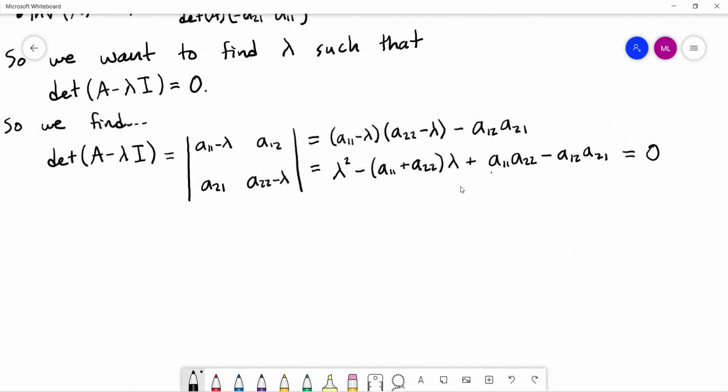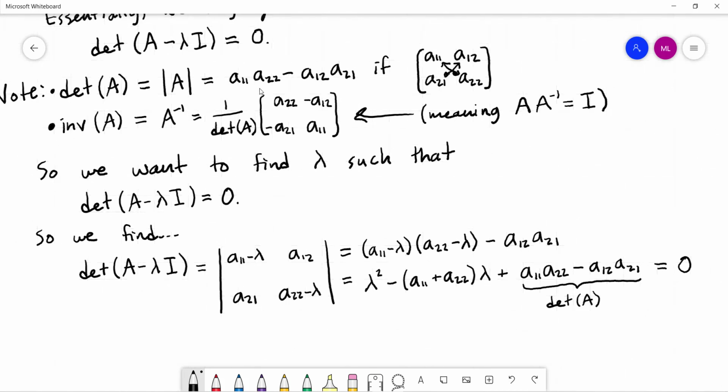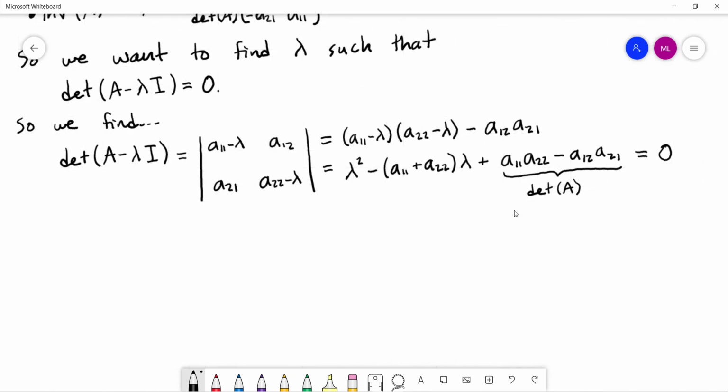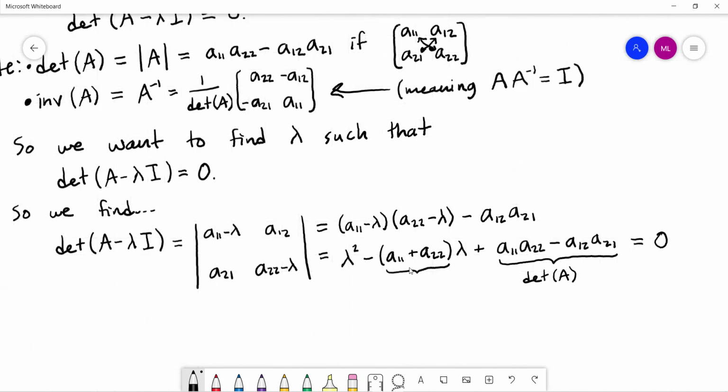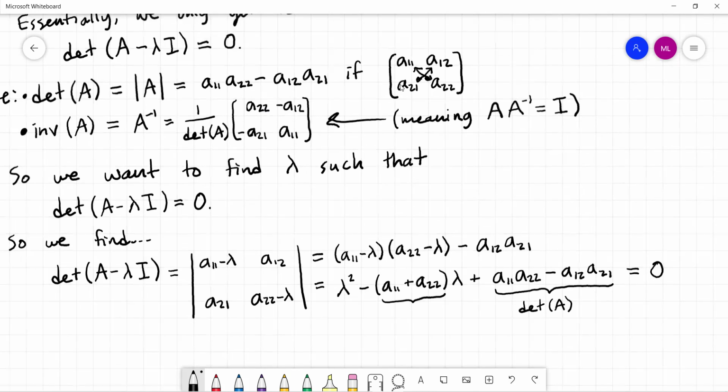I should mention something here. This term right here, we'll recognize as the determinant of the original matrix A. If I hadn't done the minus lambda I, A11 A22 minus A12 A21, that was literally the definition of the determinant of the matrix A. And this term where you just add up the terms on the diagonal, notice, it's just that term plus that term.